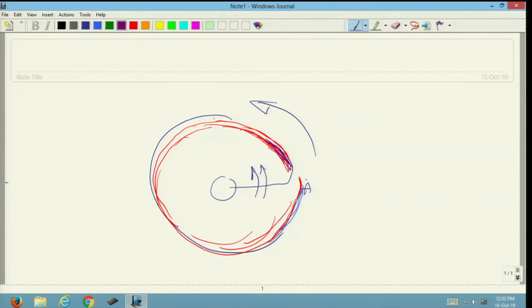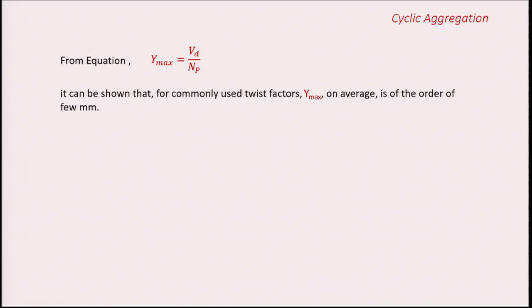The process is a continuous process, so a new gap is going to be produced, and then this material is going to be coming out, right. Now, if you get some idea about this gap, Y max, then that will give a better idea about the yarn structure that we are getting from rotor spinning. What is the Y max that we have written?